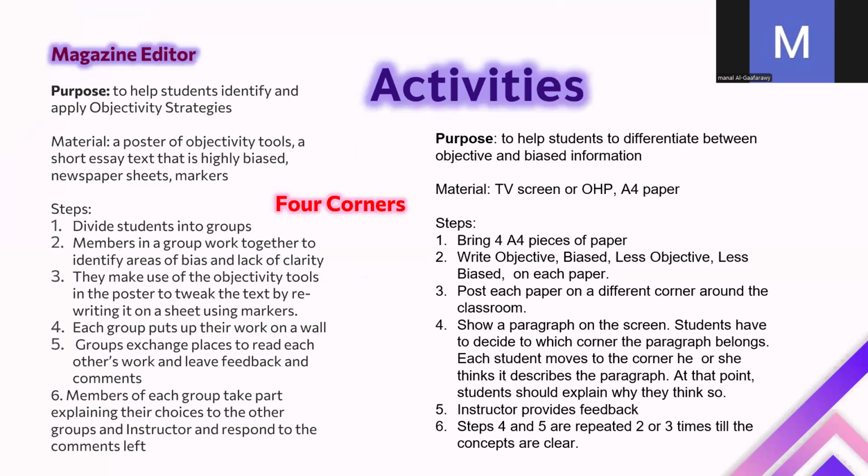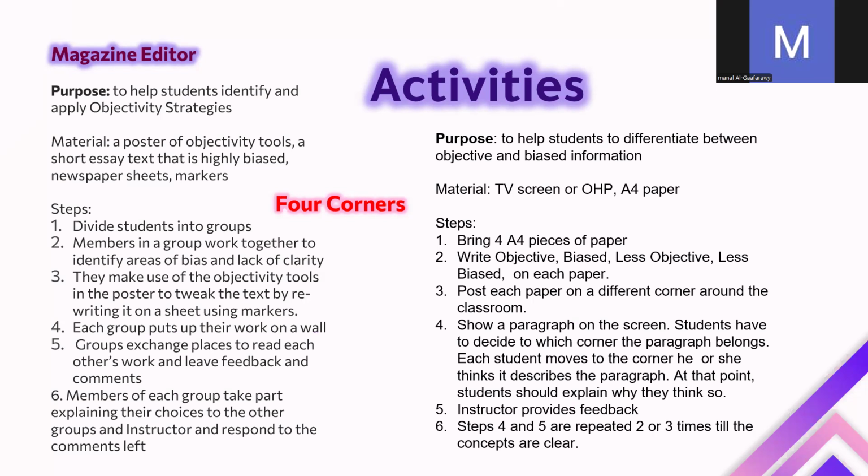How can I convey the idea of applying objectivity tools to my students? So here are two ideas, and you can find lots of other ideas online or think of others on your own. For example, the first activity is magazine editor.